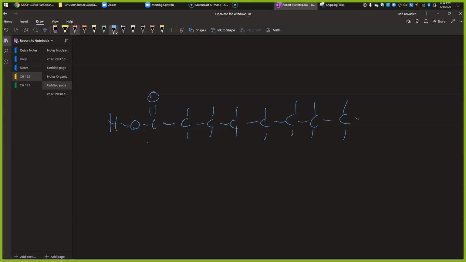Okay, so if I take away that and I add a double bond there, that makes this an unsaturated hydrocarbon, unsaturated fat. This doesn't taste very good.